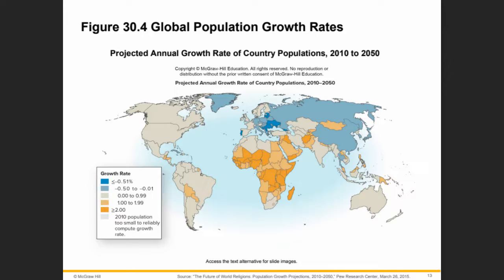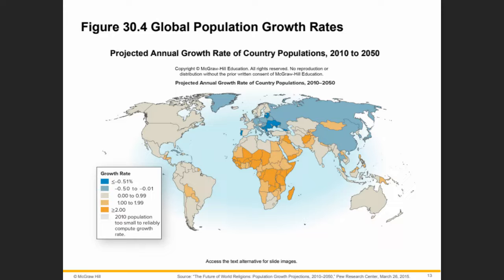Greenland, Russia, China, Poland: it's less than 0.5 to 0.001%.